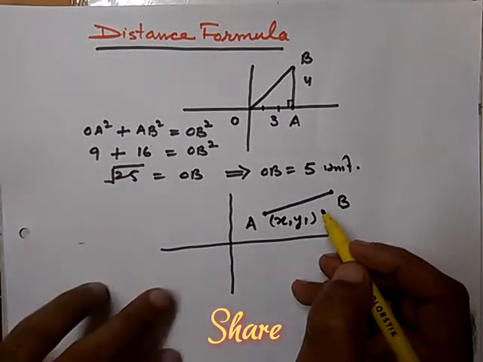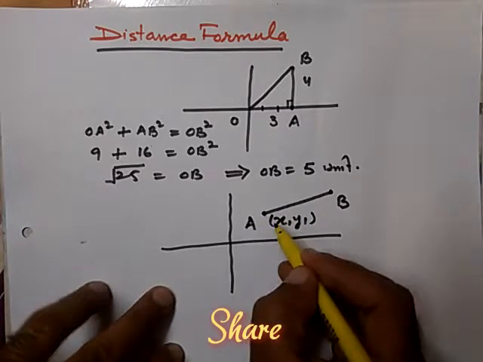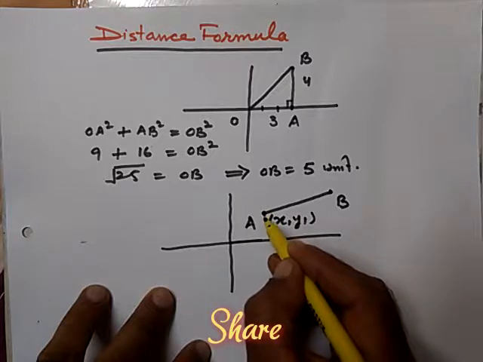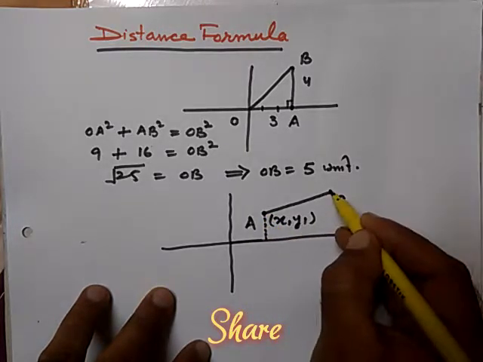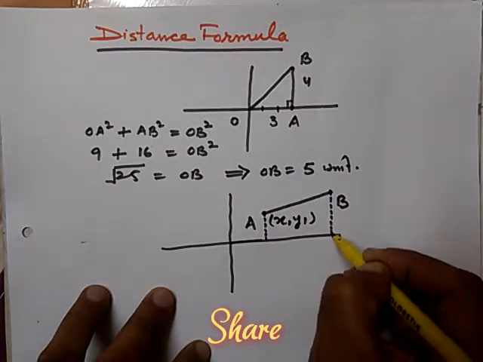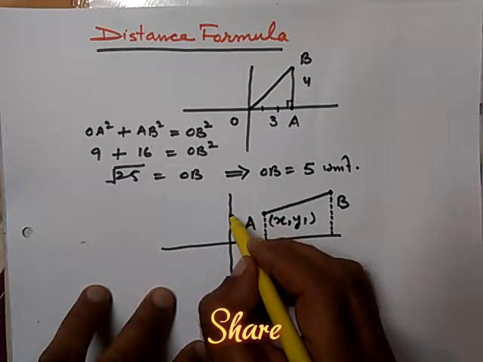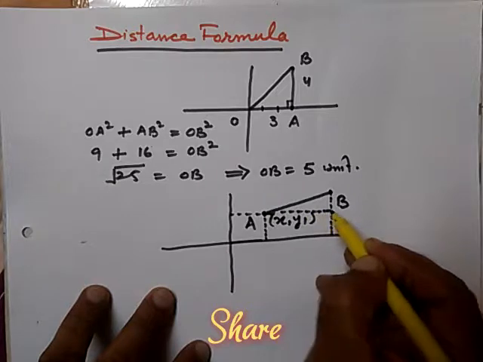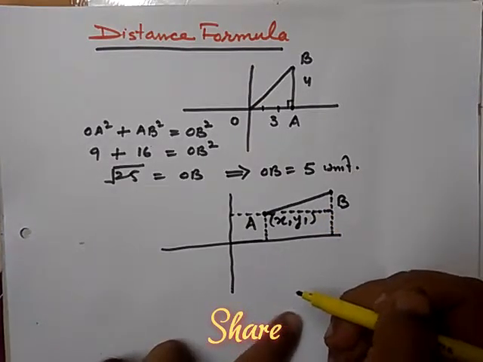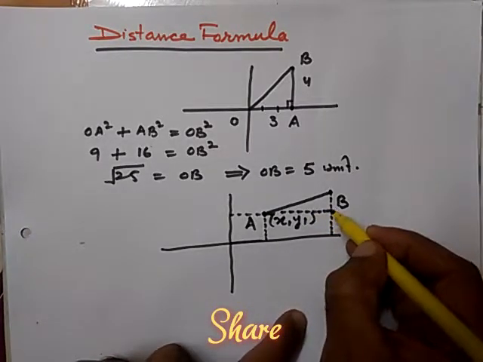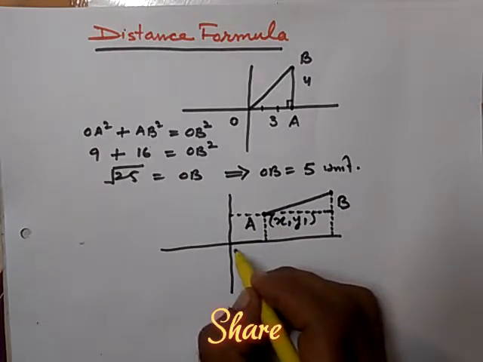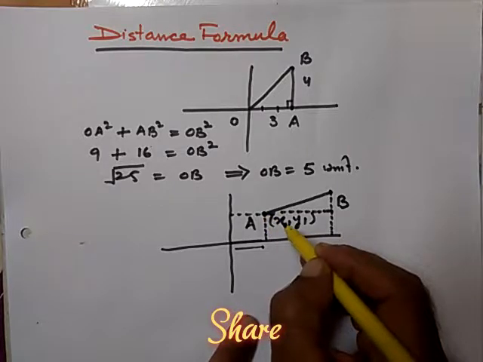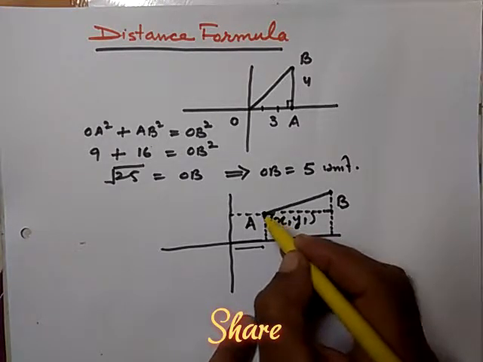It means the distance along the x-axis. Draw one perpendicular from A like this, draw another perpendicular from B like this, and draw a parallel line along the x-axis like this. Is it okay? Yes. Now this distance is x1. Therefore, the coordinate of this point along the x-axis is x1, that is the abscissa.